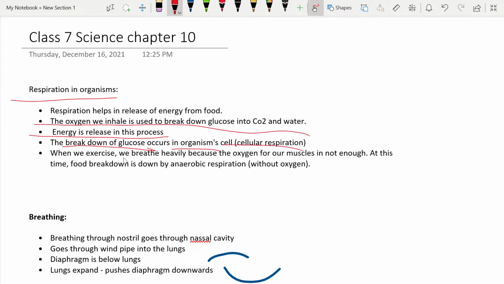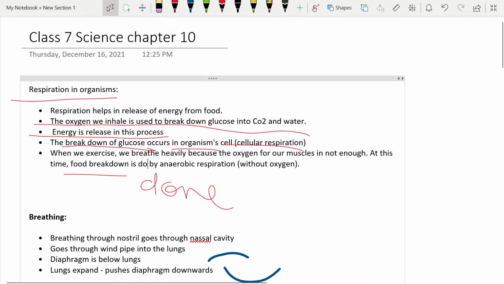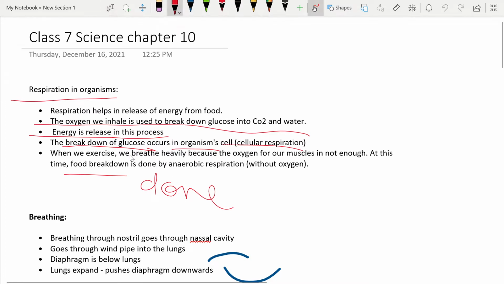When we exercise, we breathe heavily because the oxygen for our muscles is not enough. At this time, food breakdown is done by anaerobic respiration, which is without oxygen.